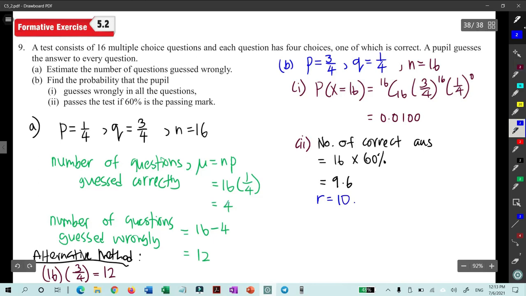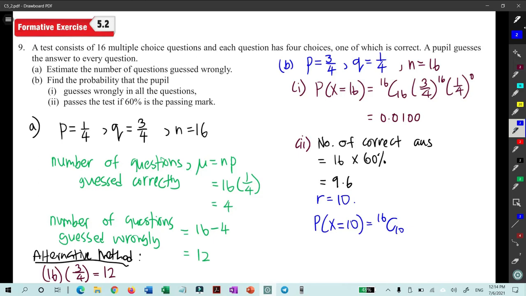Okay, so P(X equals 10), 16C10. Okay guys, you have to be very careful here.